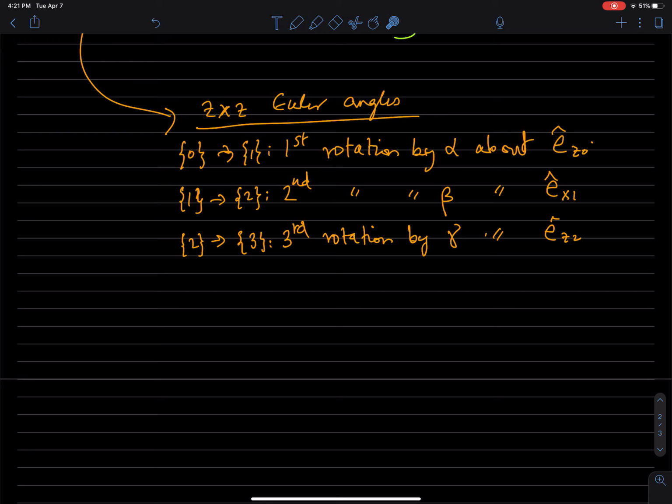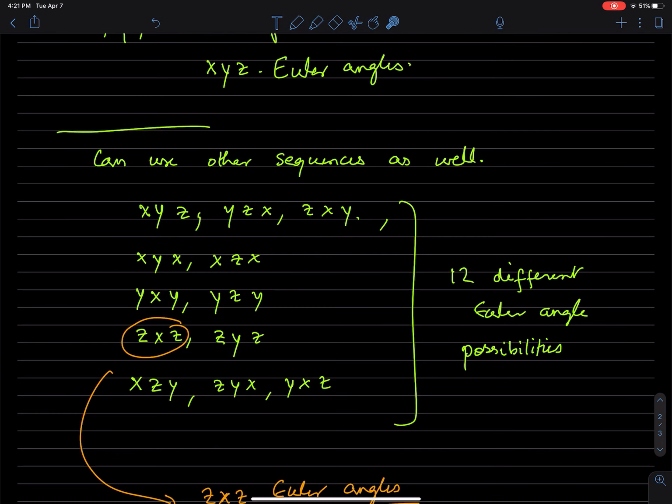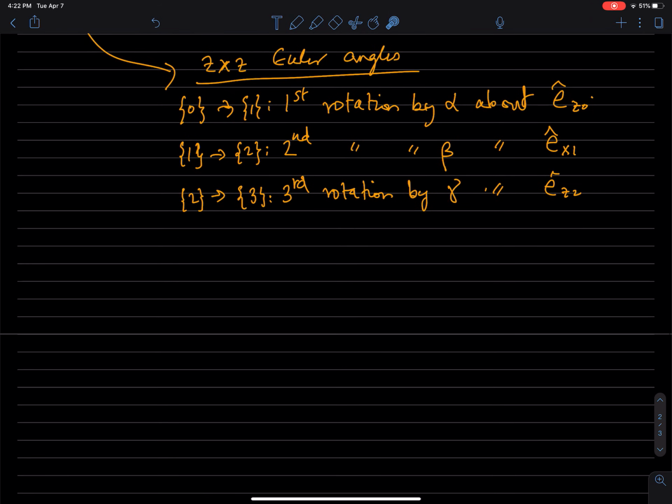And because rotations are not commutative, each of these Euler angle systems is a different Euler angle system. You can use any one of these things, but the order of rotations matters. Each order is a distinct representation.